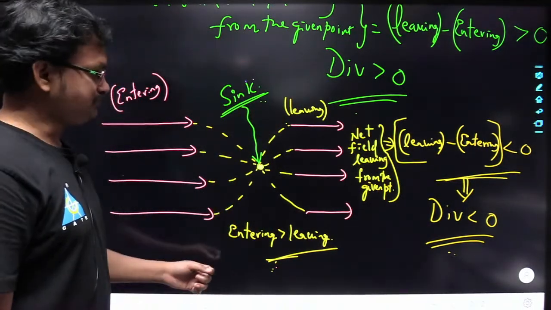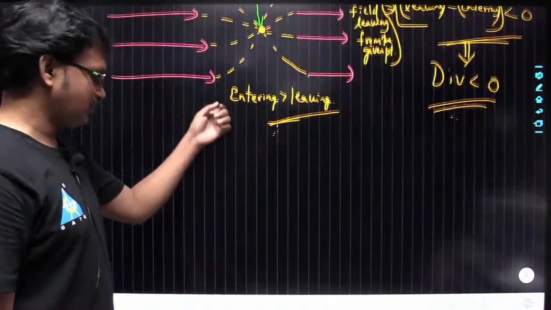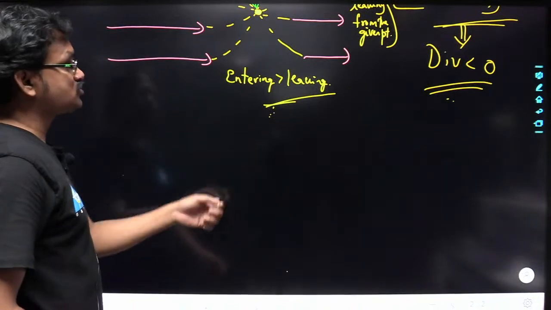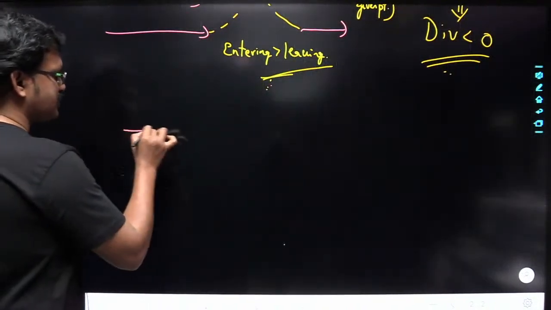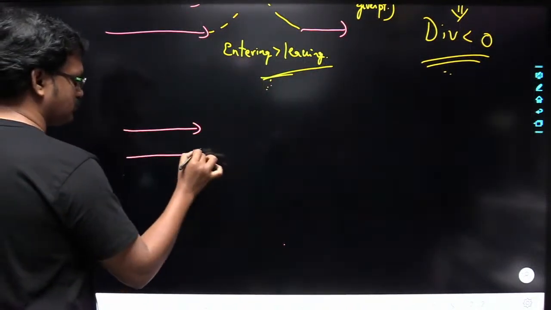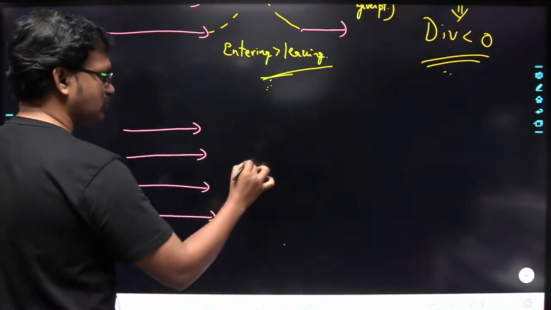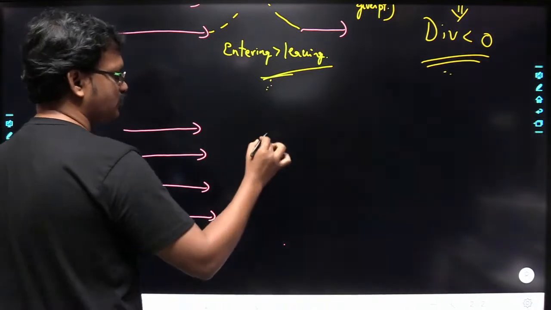Okay, now I can take one more example. I hope you have understood these two examples here. So next one is, let us say this is the field that is entering towards this point.